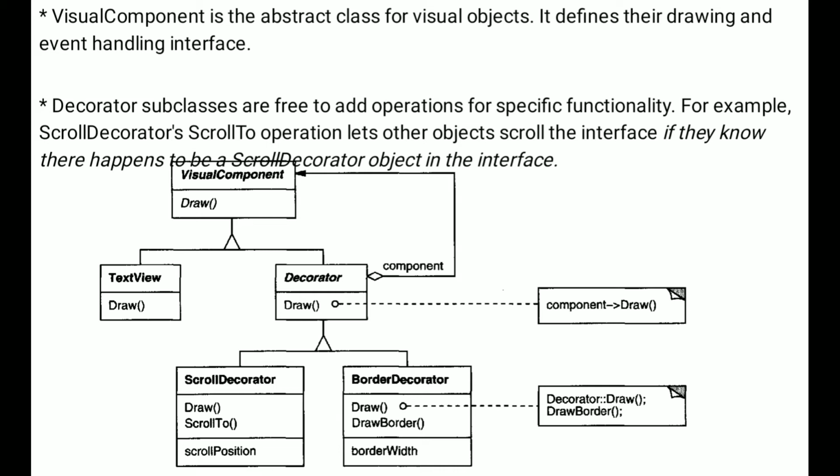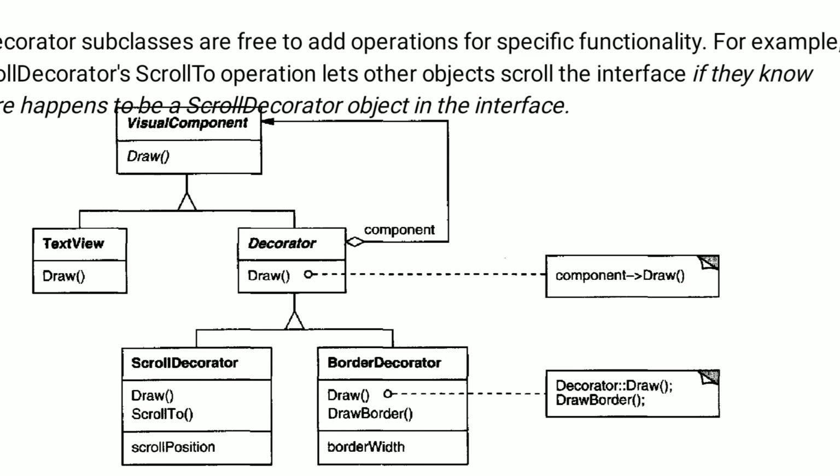Here the visual component is nothing but a text area or a display area of the console. In that we have the text view and the decorator. Under the decorator again we have two subclasses.